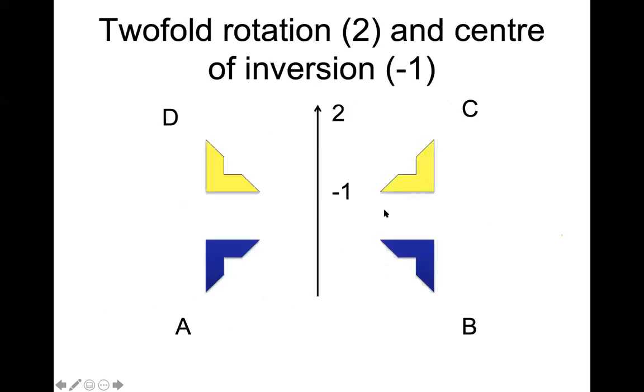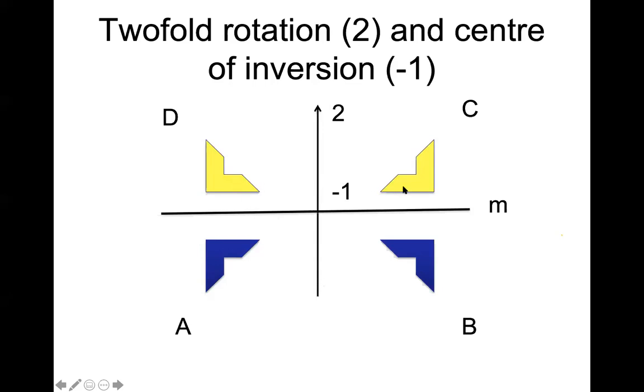You can see this example, two-fold rotation and center of inversion. You start from here, two-fold rotation here, and then inversion. So here is the two-fold rotation. You can bring it here, these two, and this has a mirror plane. For example, first you do two-fold rotation.